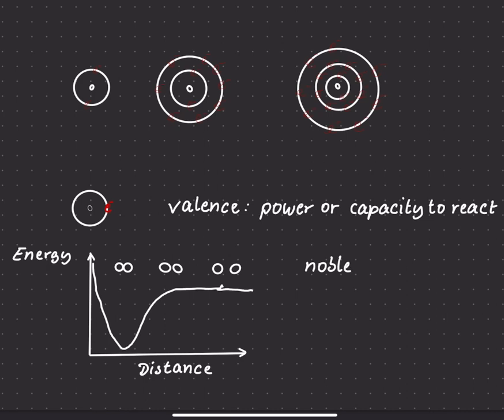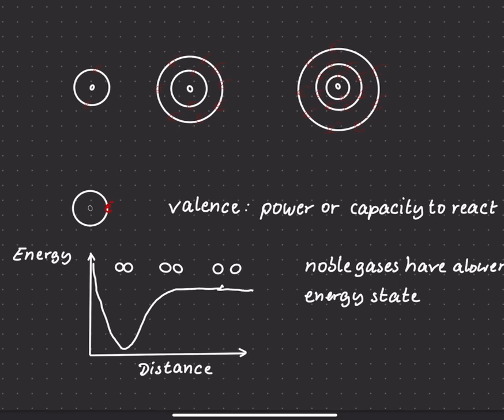The noble gases have a lower energy state because their electron shells are filled.